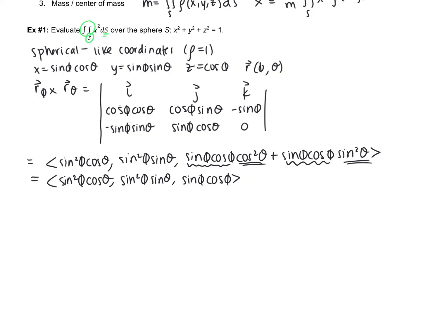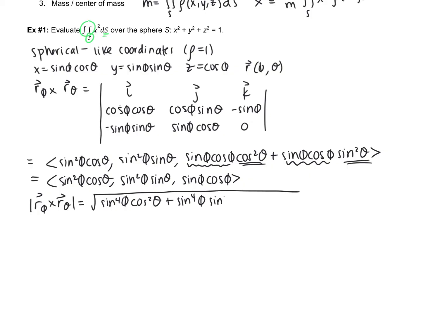Okay, so then from here, of course, what we need is the magnitude of r of phi crossed with r of theta. So if we do that, we're going to get sine to the fourth of phi cosine squared theta, plus sine to the fourth of phi sine squared theta, plus sine squared phi cosine squared phi.